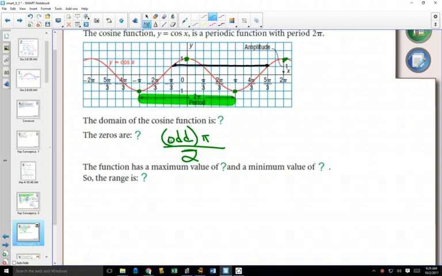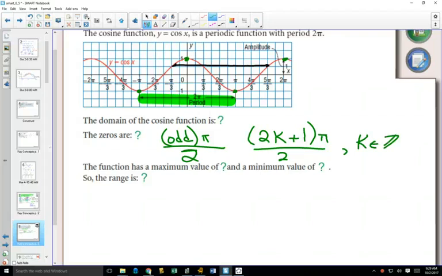So to write any odd number, you'll take any integer multiplied by 2, that makes it even, add 1, that makes it odd, and so to write all the zeros of cosine, we can say it's 2k plus 1, because 2k plus 1 is how to write an odd number, times pi over 2, where k is any integer. That's method number one.